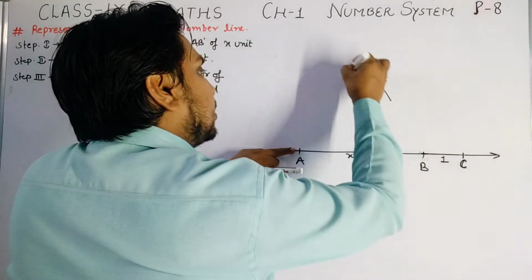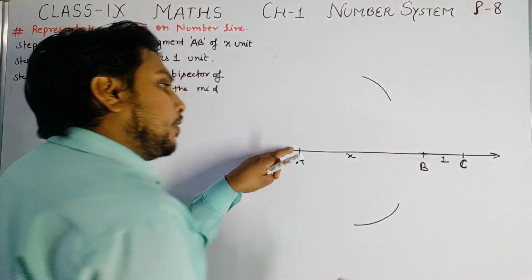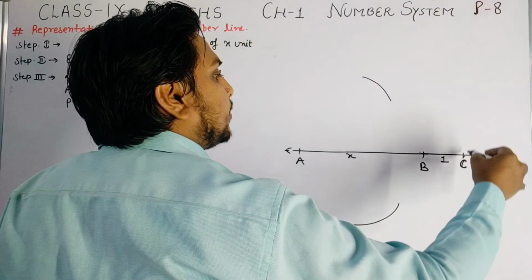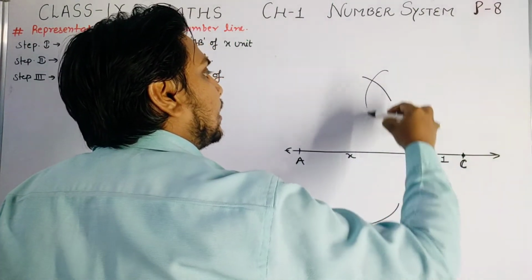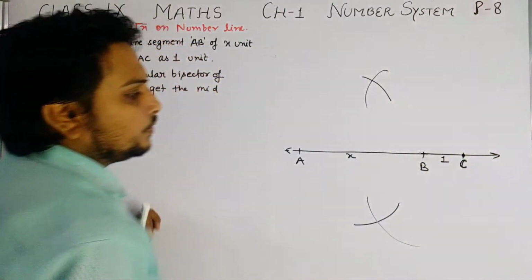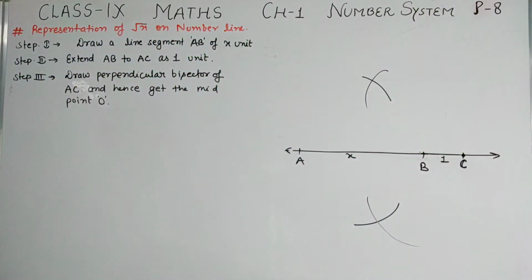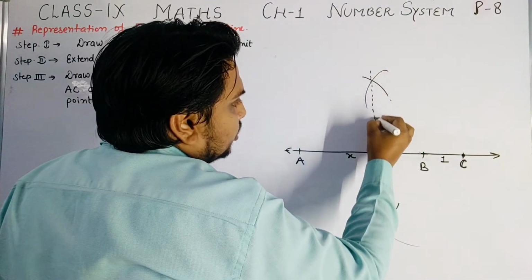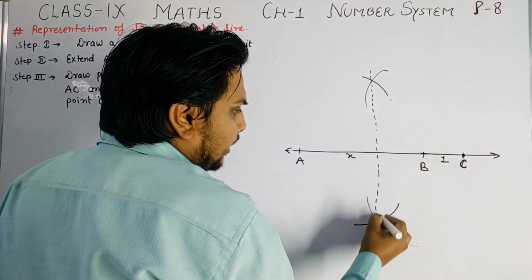Taking the same radius, we keep the compass at point C and cut an arc, and after that we join these two cutting points.